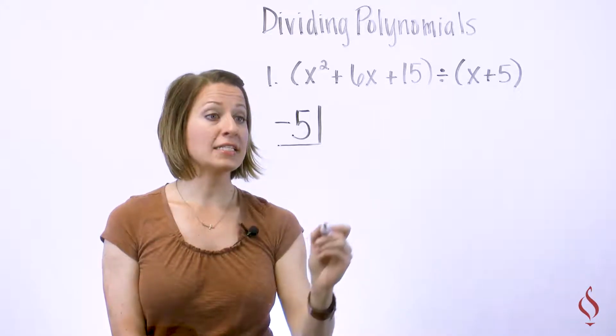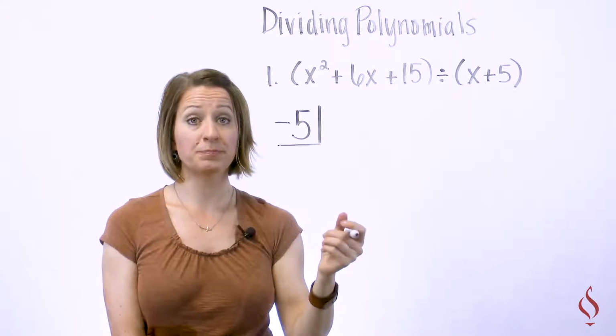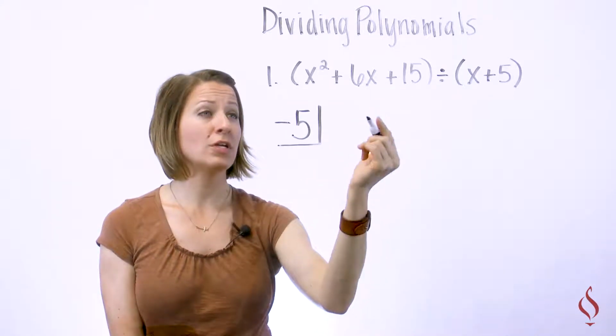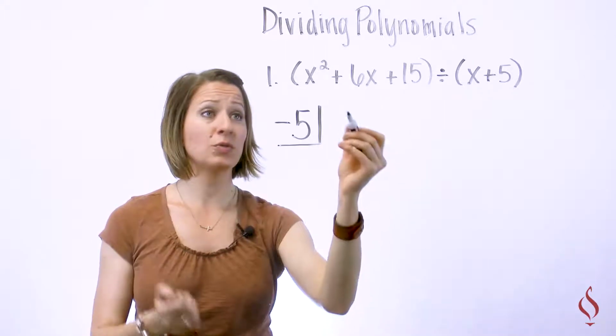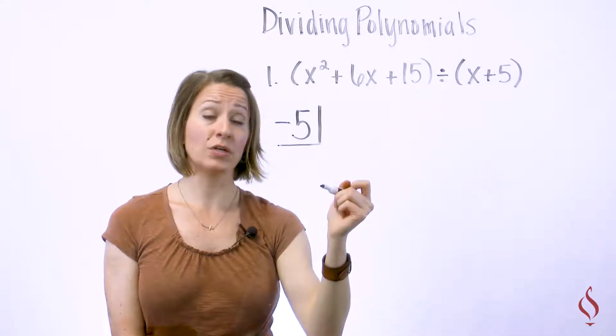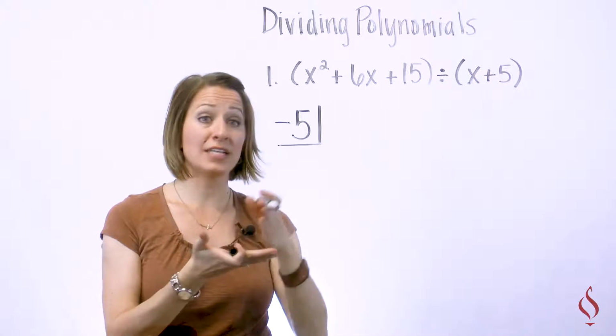Next, you are going to list out the coefficients in descending order from this first polynomial. It's important that the exponents are in descending order, and that there's not a place value that's missing.